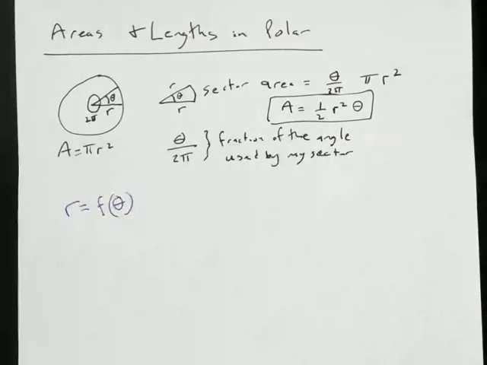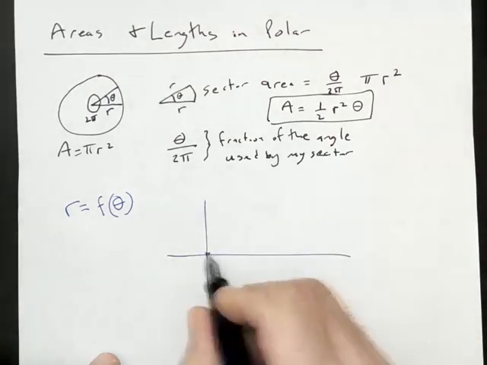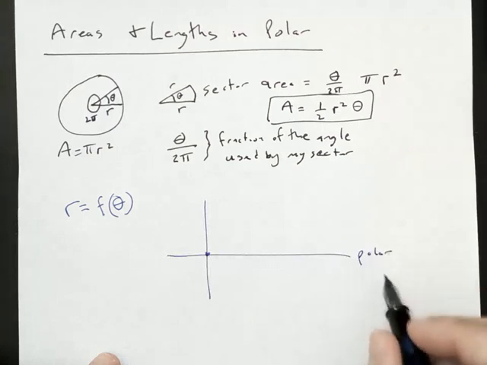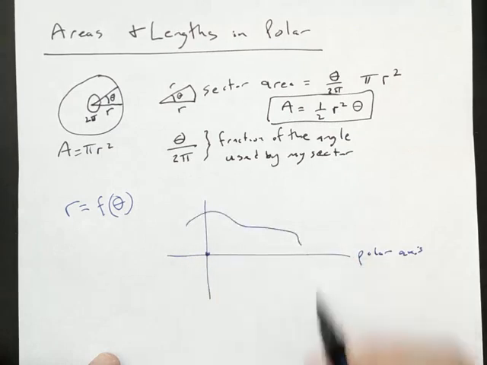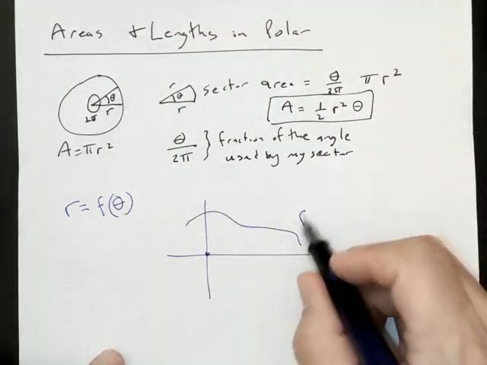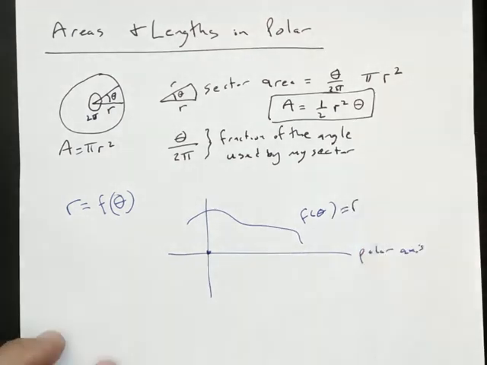A polar curve is described as some function of theta. I don't know what the curve is. I've just made up some picture at the moment. But let's suppose that I said, I want you to find the integral.